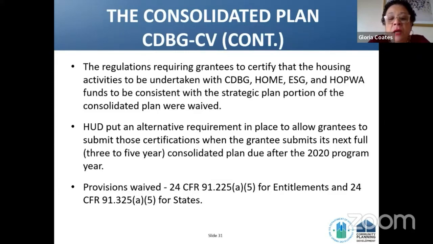And so those grantees, if they did an amendment to their 2020 plan, can submit those certifications when they're doing the 2025 to 2029 plan. Next slide, please.